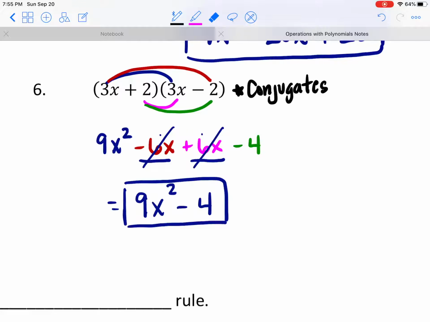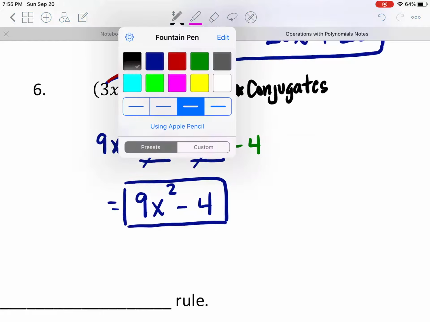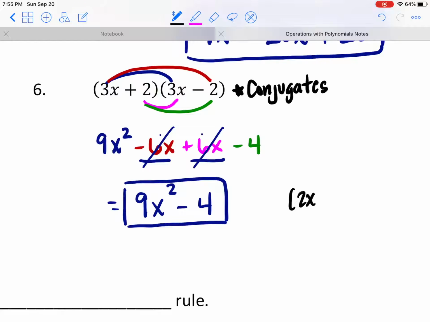And maybe you're not there yet, but let me just show you what I'm talking about here. If I saw this 2x plus 1 and 2x minus 1, when I recognize these are conjugates, I'm not going to multiply all 4 terms because I know the middle terms are going to cancel. I'm strictly going to multiply here to make my 4x squared and here to make my negative 1 because I already know what's going to happen.